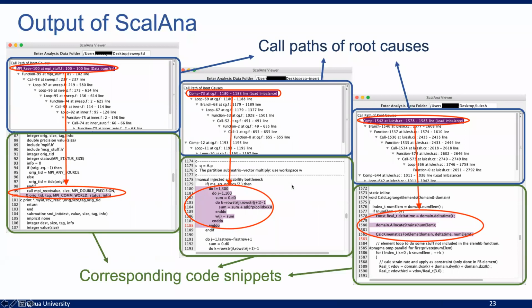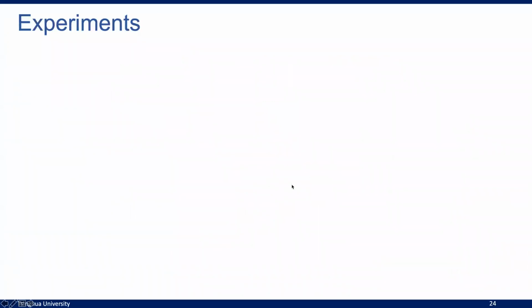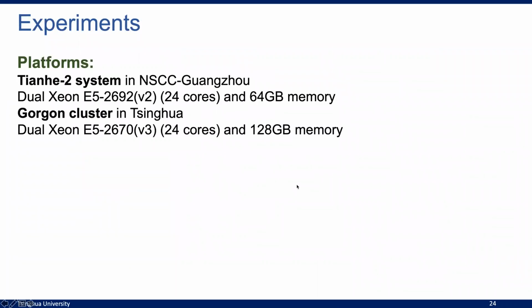The experiments are done on the TH-2 supercomputer system. Each computing node has 24 cores and 64 GB memory. We also use a local cluster for some experiments.